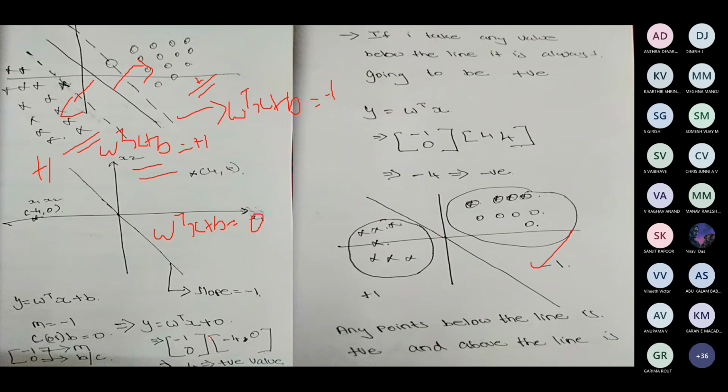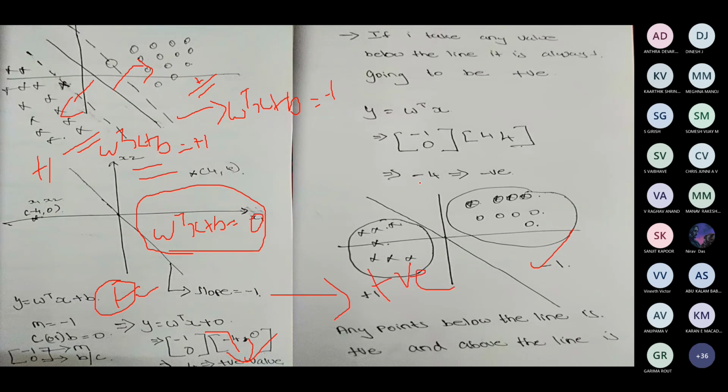Now we know that this is the equation for a positive value. But if yi is 1, we know that this is the equation, students: W transpose of X plus b equal to 0. If yi is 1, then 1 into a positive value will always give me a positive value.